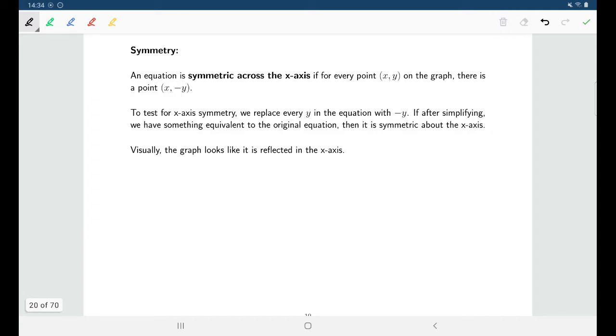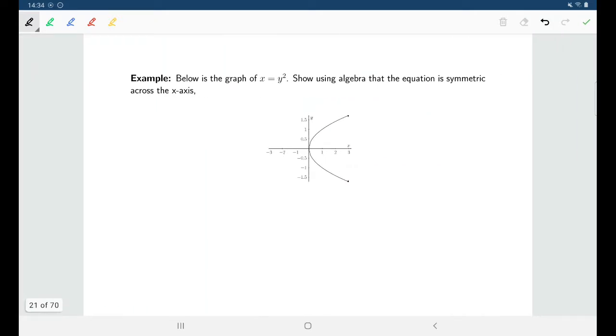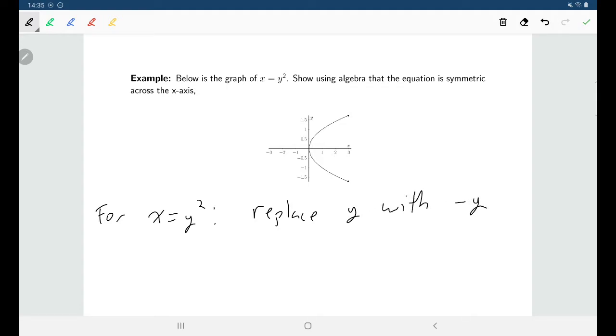So something like this graph of x equals y squared, you can see that it's symmetric around the x-axis, but I want to show this using algebra. For that equation, we're going to replace the y with negative y, and ask ourselves, do we get the same equation?